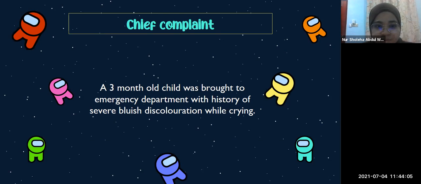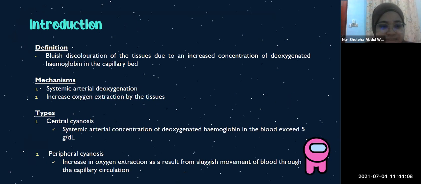Before we go any further into the case, let us recap what cyanosis is. By definition, cyanosis is bluish discoloration of the tissue due to an increased concentration of deoxygenated hemoglobin in the capillary bed. There are two mechanisms which can cause cyanosis: systemic arterial deoxygenation and increased oxygen extraction from the tissues.